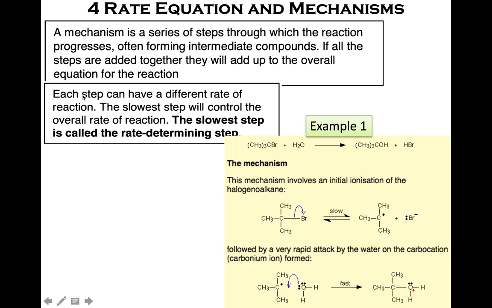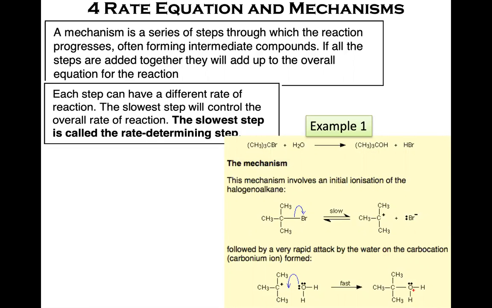So each step can have a different rate of reaction. This is step 1, step 2. They do not have the same rate. In this case, step 1 is the slowest step for this reaction. Step 2 is the fastest. How do we know which one is the slowest, which one is the fastest? This is where your rate equation comes in.